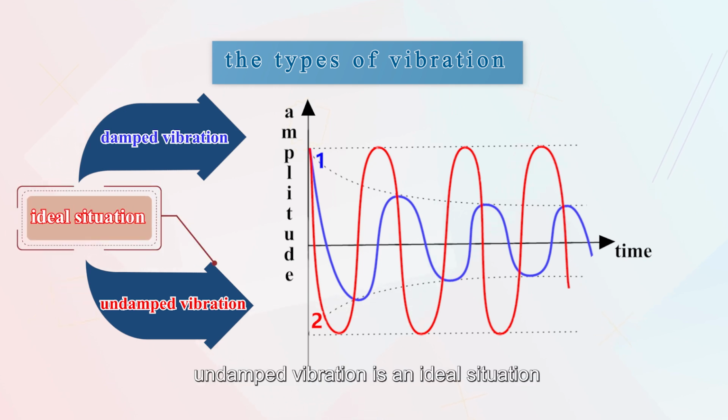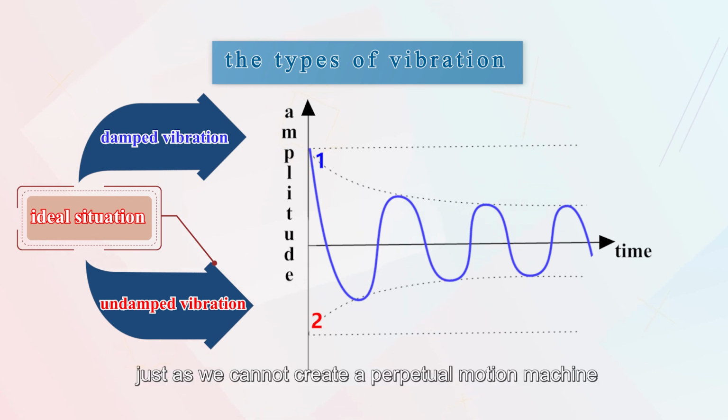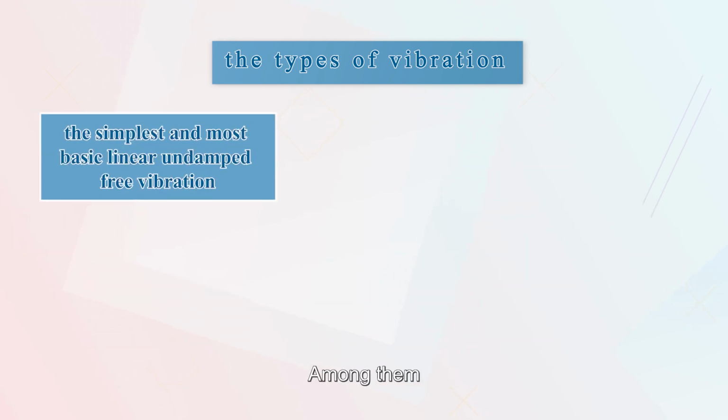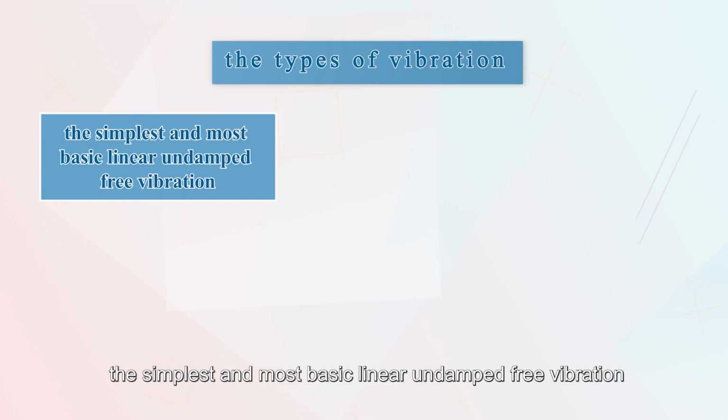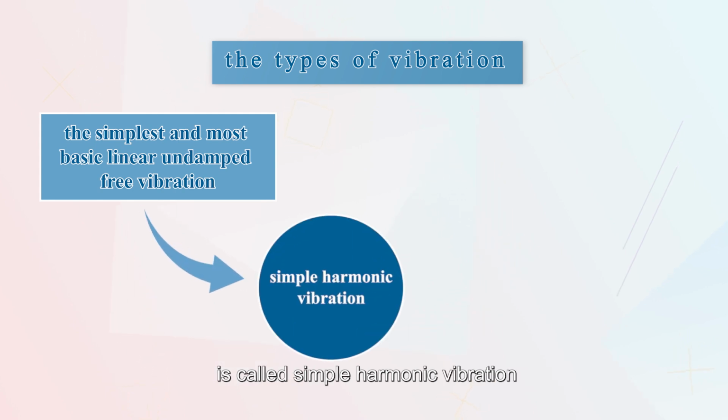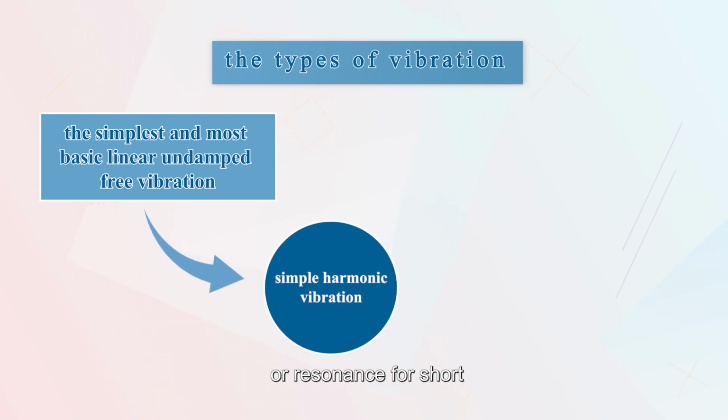Of course, undamped vibration is an ideal situation, and strictly speaking, undamped vibration cannot exist, just as we cannot create a perpetual motion machine. Among them, the simplest and most basic linear undamped free vibration is called simple harmonic vibration, or harmonic vibration for short.